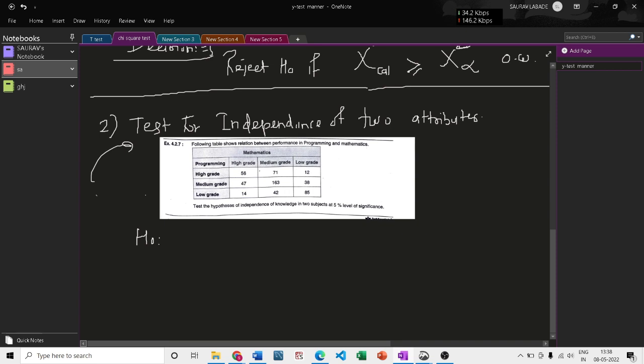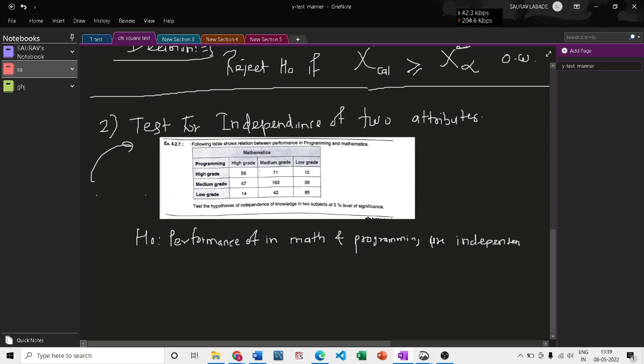So I can define the null hypothesis as: performance in math and programming are independent.